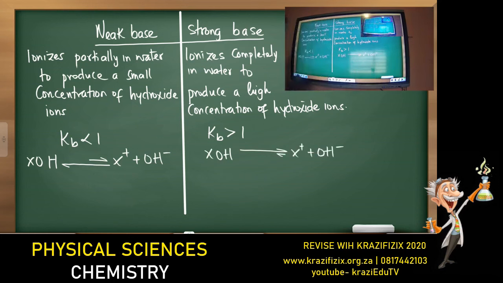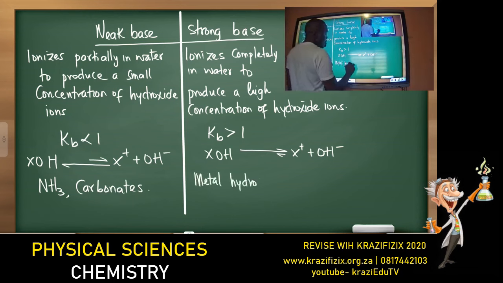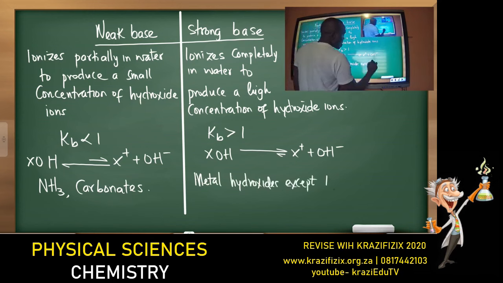Okay, common examples. We have ammonia and carbonates. Your carbonates are examples of weak bases. What about a strong base? You have metal hydroxides, except for magnesium hydroxide.